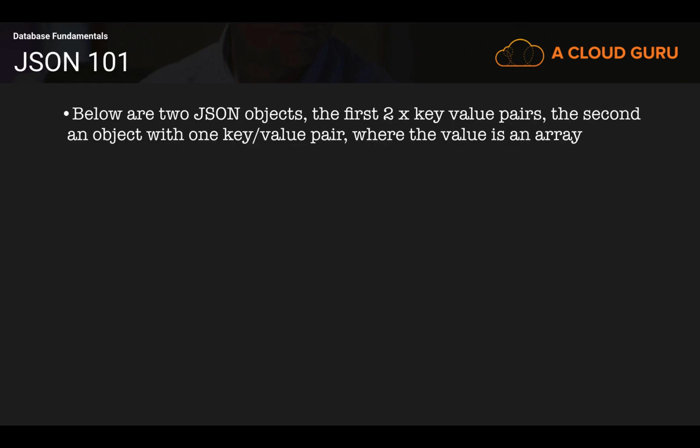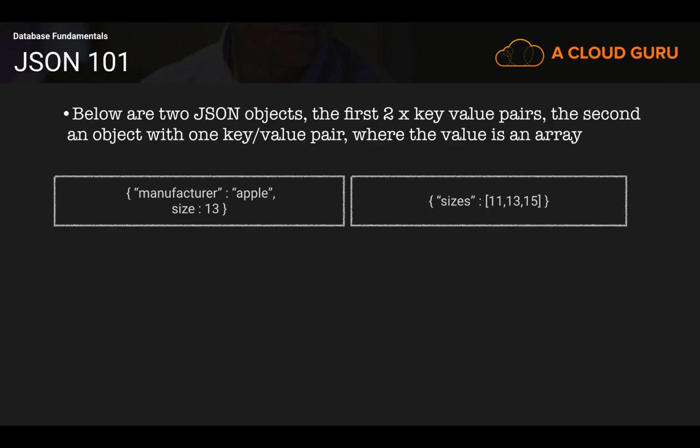So below are two JSON objects. The first is constructed of two key value pairs, and the second an object with one key value pair where the value is an array. So let's start with the left example. This is a single JSON object or single JSON schema. It consists of two key value pairs or name value pairs.